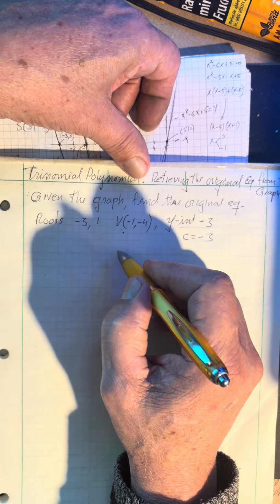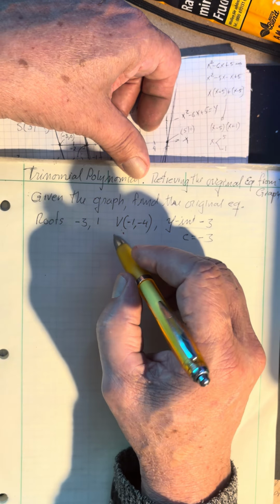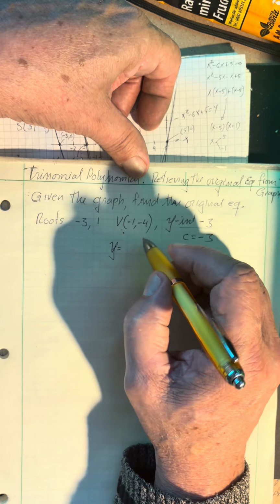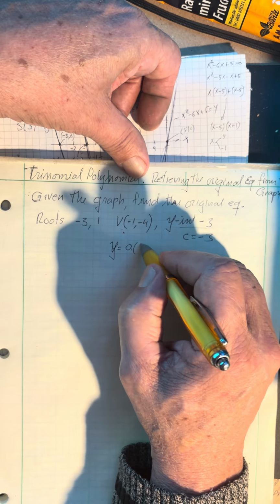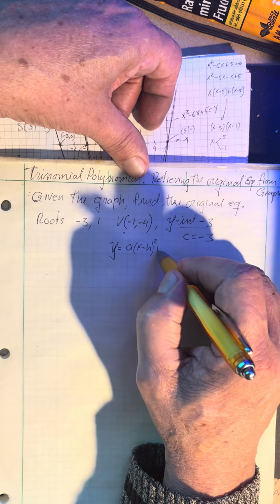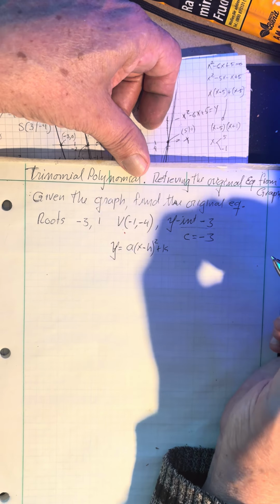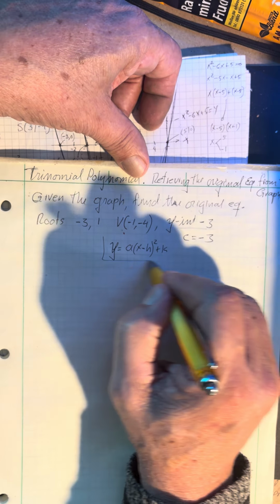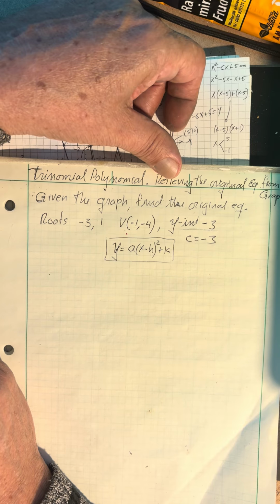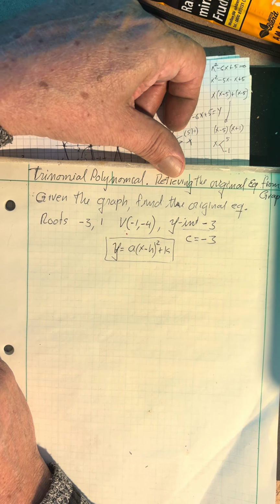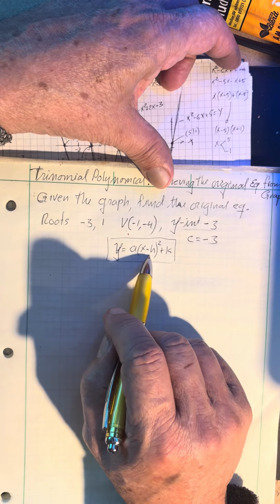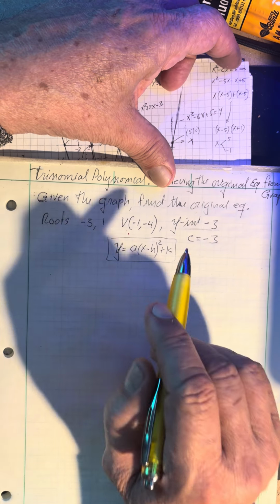The vertex form is y equals a(x minus h) squared plus k. This is the standard form of the trinomial polynomial. So from here we can extract h.